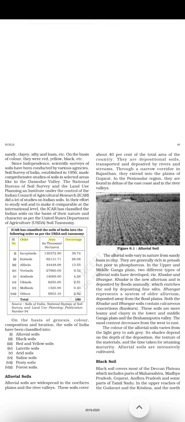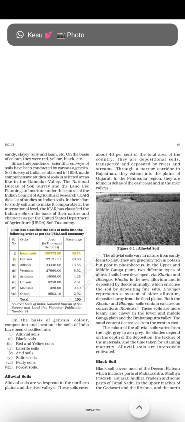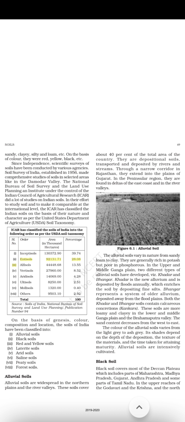Soil order, area in thousand hectares, percentage: Inceptisols 130,372.90, 39.74; Entisols 92,131.71, 28.08; Alfisols 44,448.68, 13.55; Vertisols 27,960.00, 8.52; Aridisols 14,069.00, 4.28; Ultisols 8,250.00, 2.51; Mollisols 1,320.00, 0.40; Other soils.